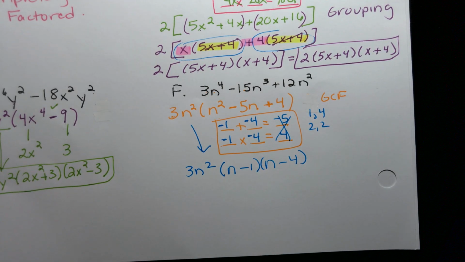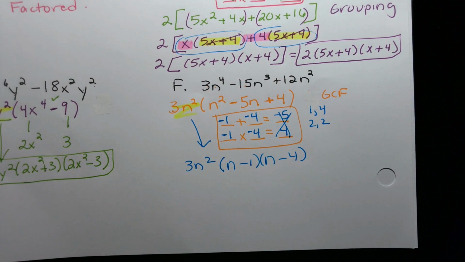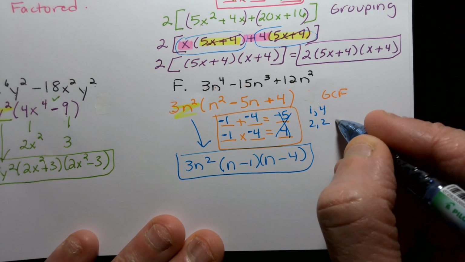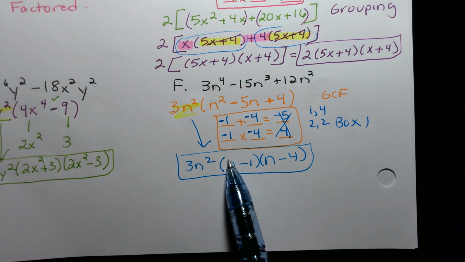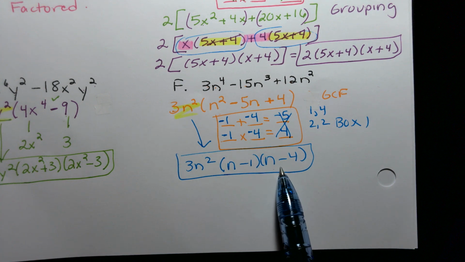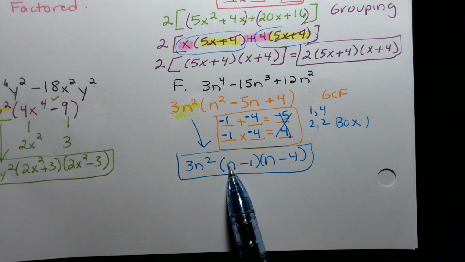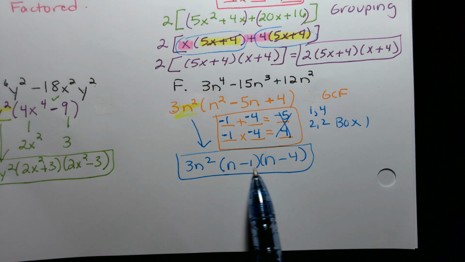And if you're going to forget it, if you think you're one of those people that just forgets those things, highlight those that are sitting out front so you don't forget them later. And then this is box 1. And when you look at this too, you should check again. Nope, there's no GCF, and they're not a difference of 2 perfect squares, because that would have to be squared for that to happen. The 4 and the 1 are, and they're both minus, but these ends aren't.